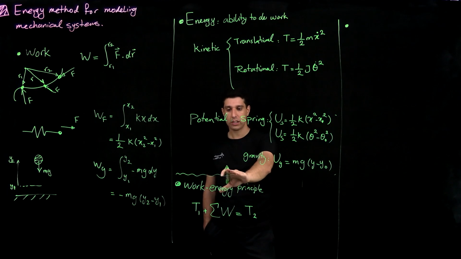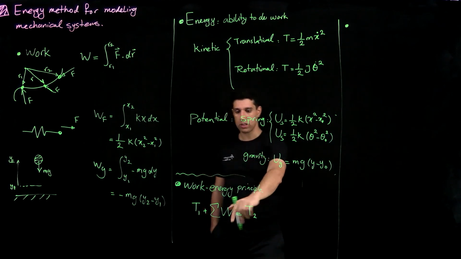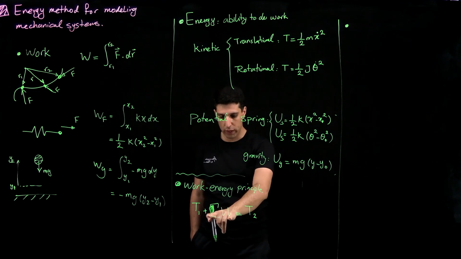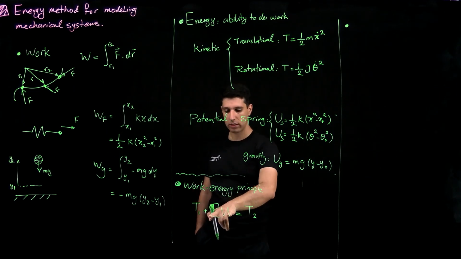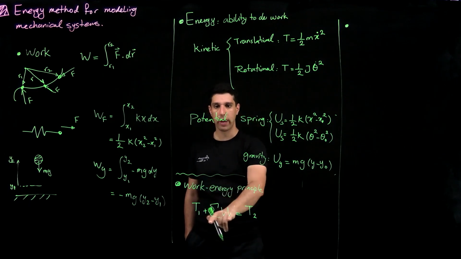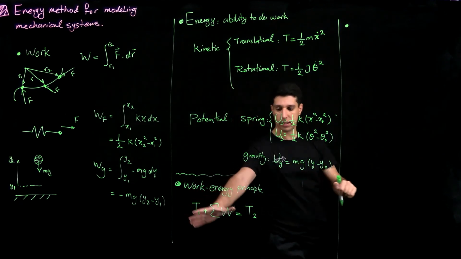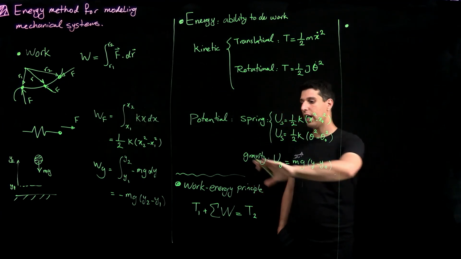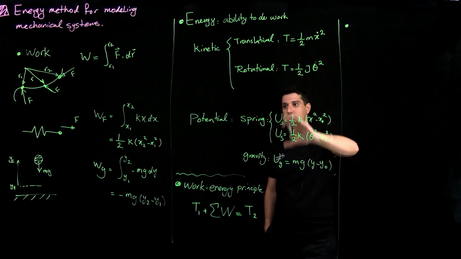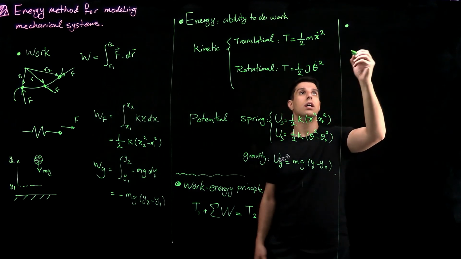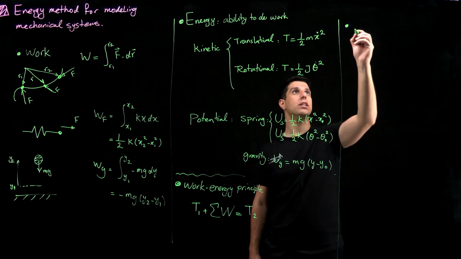So this work energy principle is universal. It doesn't matter what forces are acting within or on the system. It could be conservative, non-conservative, or any other force. This always holds. If you only have conservative forces within the system, there is no non-conservative force, and the energy of the system remains conserved.